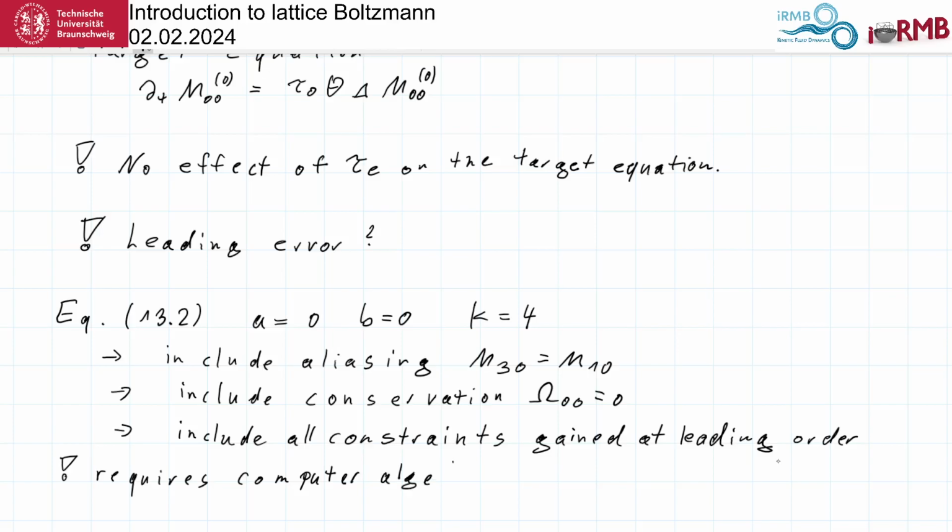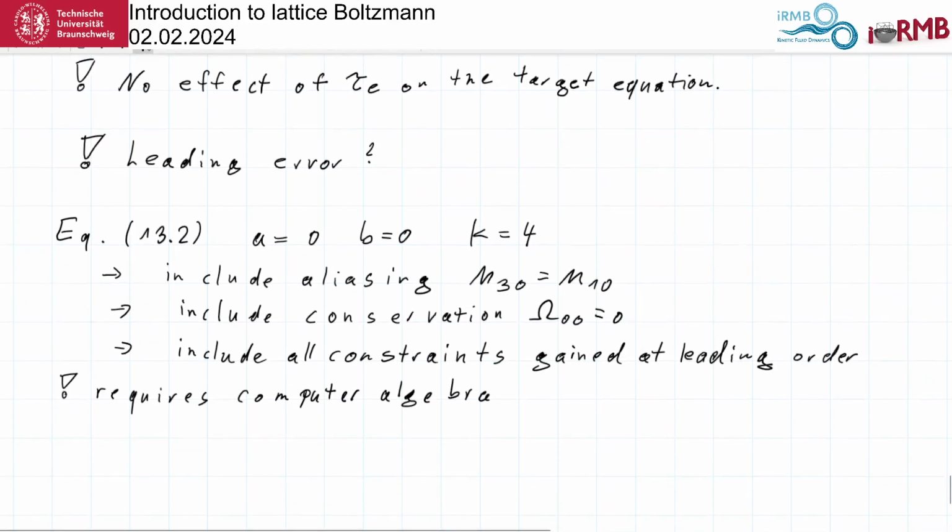So I'll not present the entire calculation. So we put our equation 13.2 in the computer algebra system, give me the equation. Yeah? And with these constraints, we'll have 0 is equal to omega 0, 0. Now we are talking forced order.